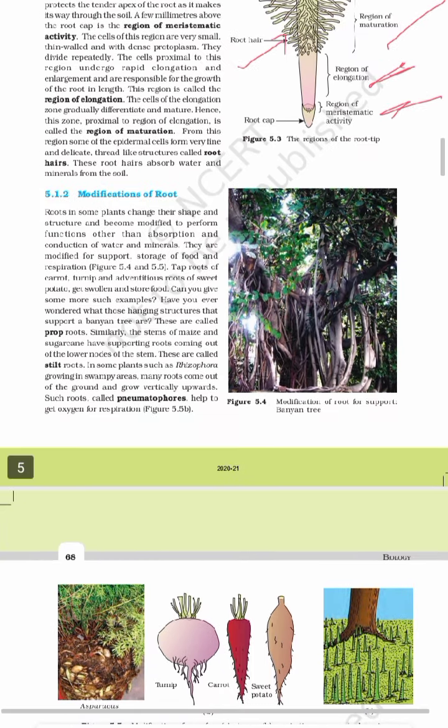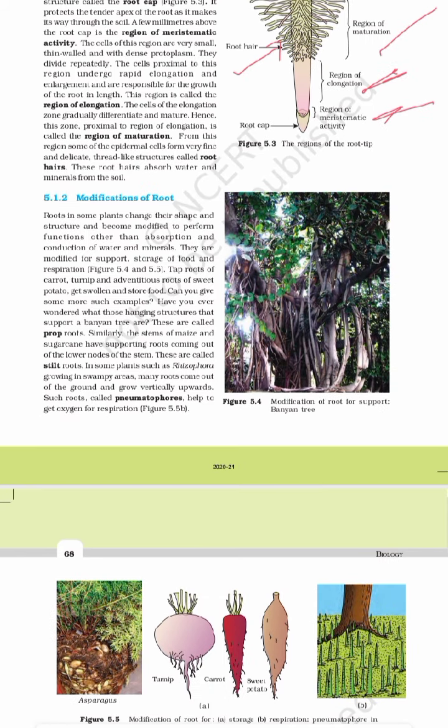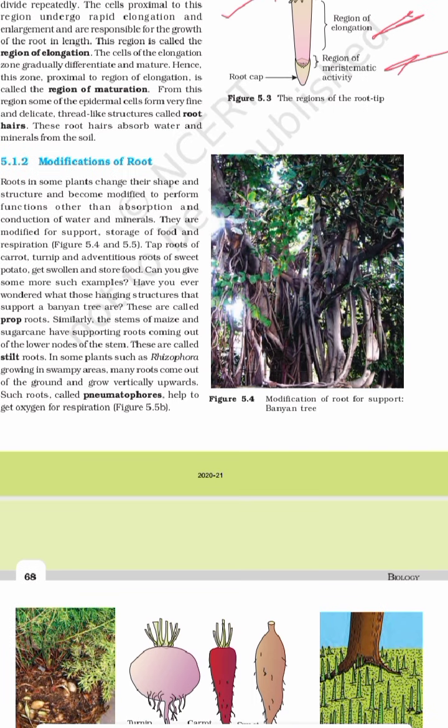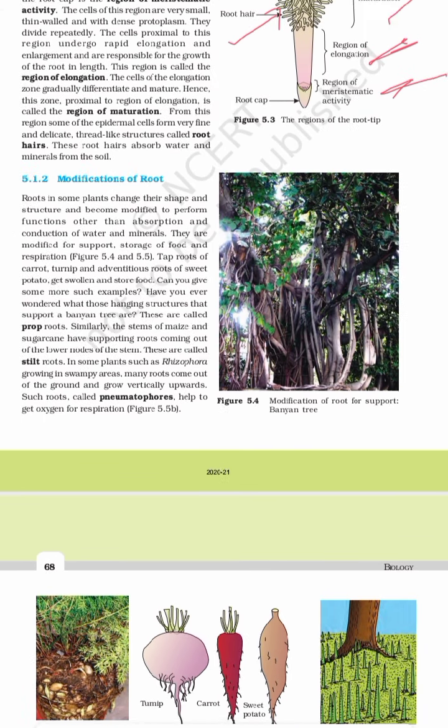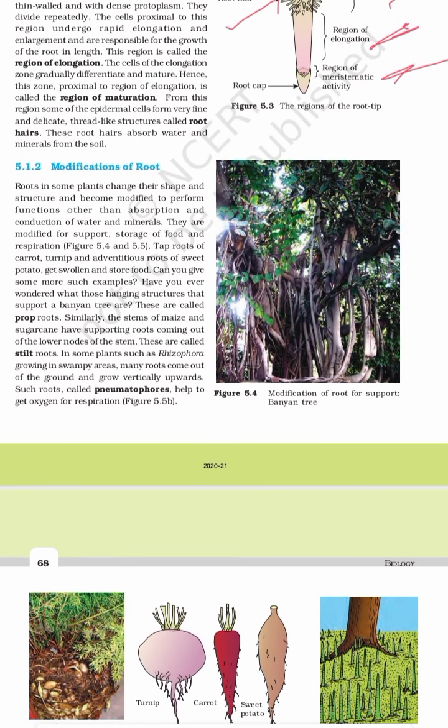After that, some plants, like Rhizophora, grow in a swampy area, and their roots come out on the ground. These are called pneumatophores. Actually, whenever you have an ocean nearby, you don't have that soil which will give you oxygen or food or everything.